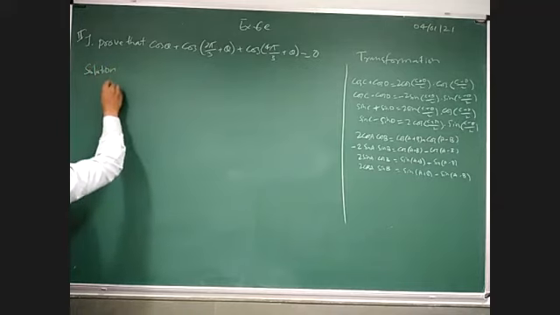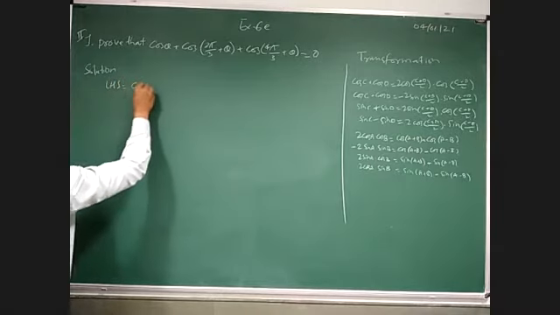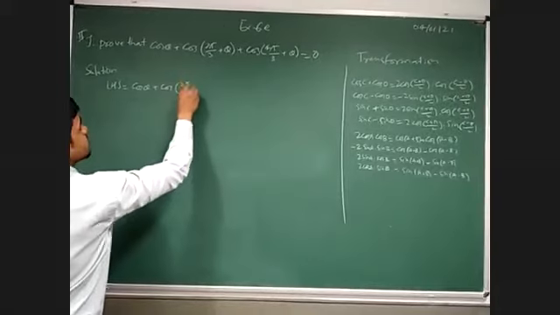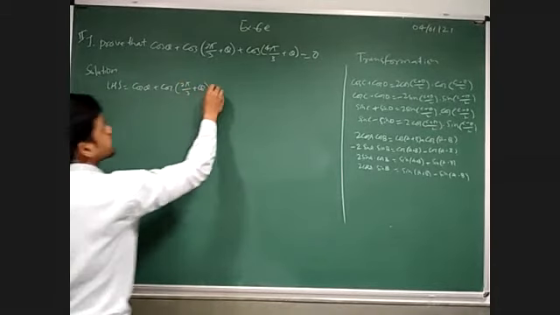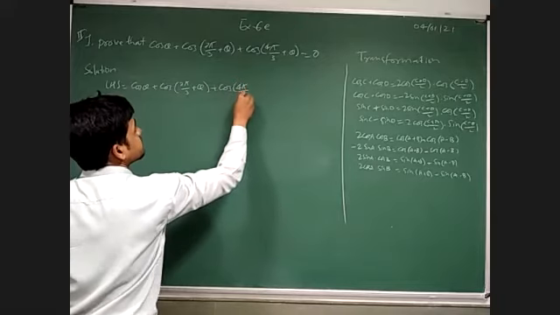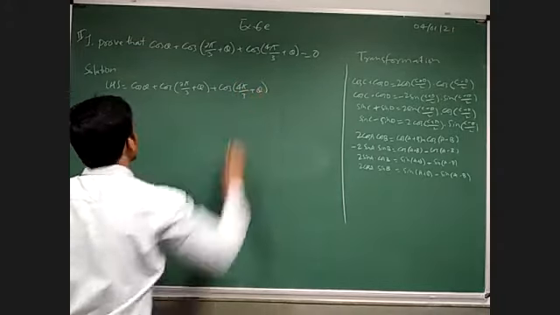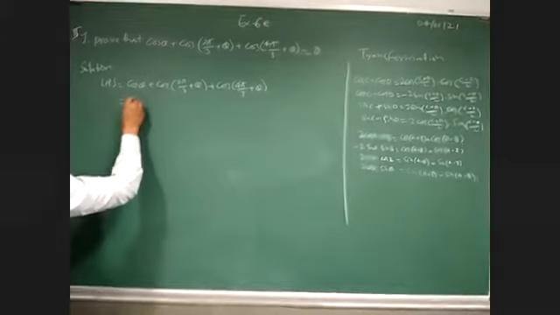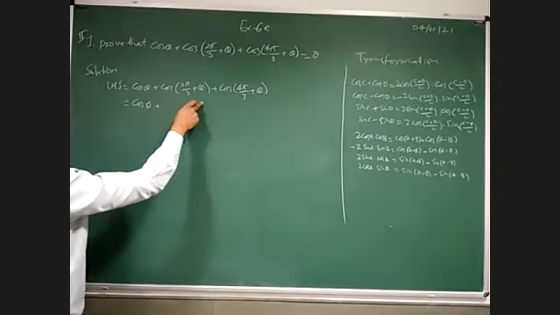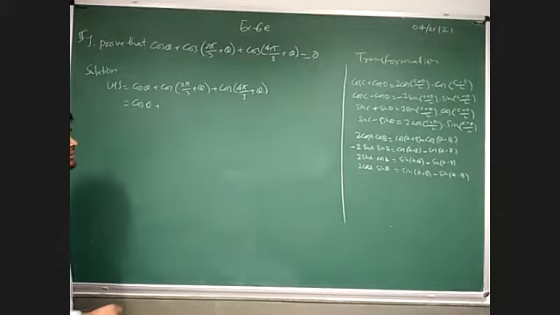So on the left hand side we have cos theta plus cos(2 pi by 3 plus theta) plus cos(4 pi by 3 plus theta). Now I will keep cos theta as it is, and here I am going to use the cos(A plus B) formula.